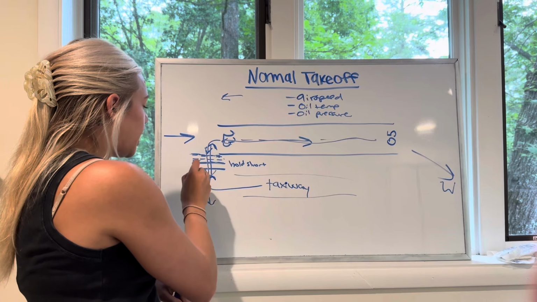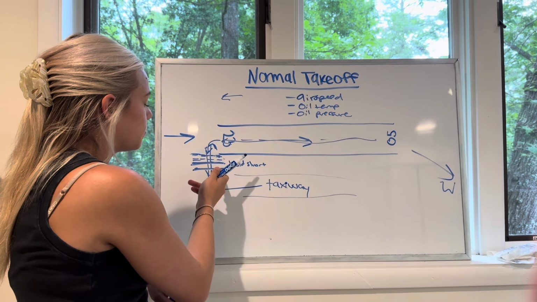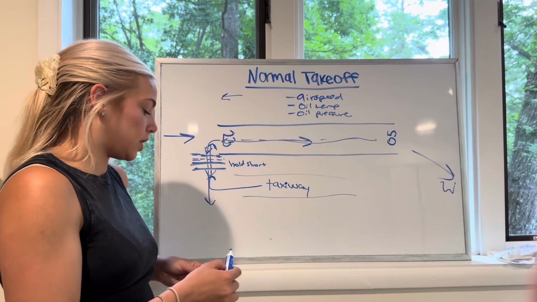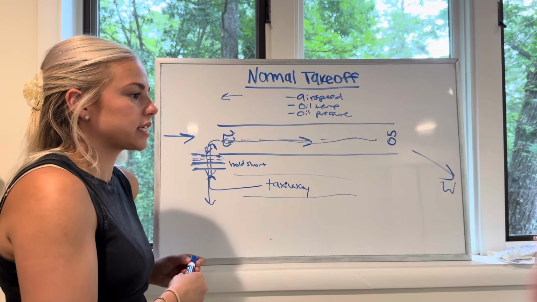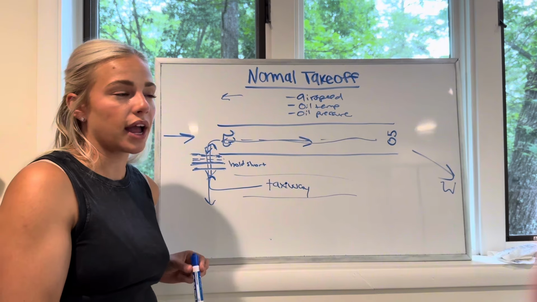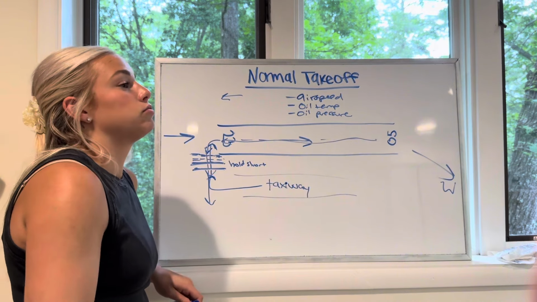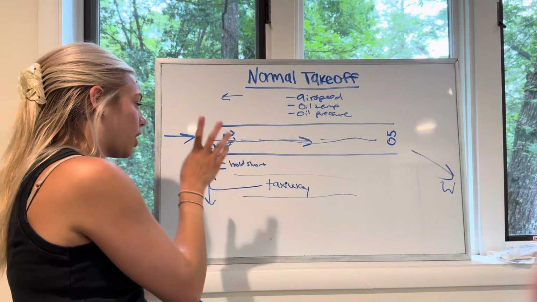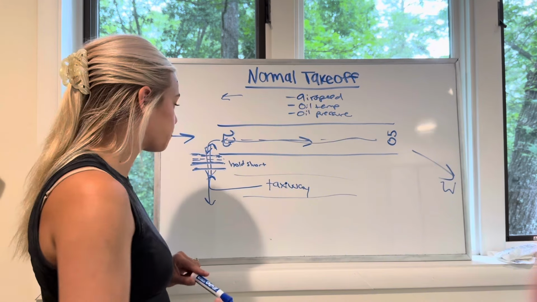But if we're sitting on this side of the hold short lines, on the solid side, then we can't cross them until we've stated what we're doing over the radio and checked to make sure, or if we're at a towered airport, they will let us know when we are clear to taxi onto the runway and take off. So we don't want to cross those lines at a towered airport unless they tell us to do so.